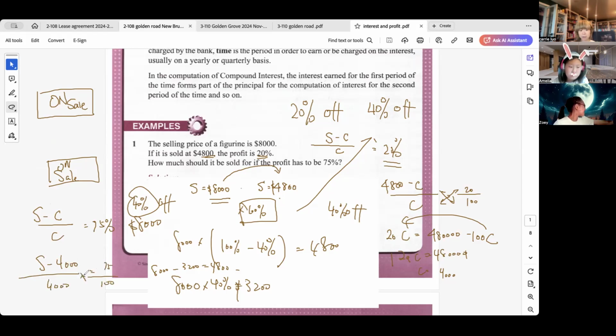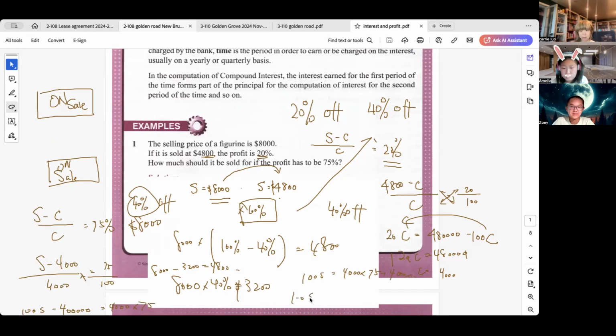And we calculate 100S minus 400000 equals 4,000 times 75. Right? So we're having 100S equals 4,000 times 75 plus 4,000 times 100.